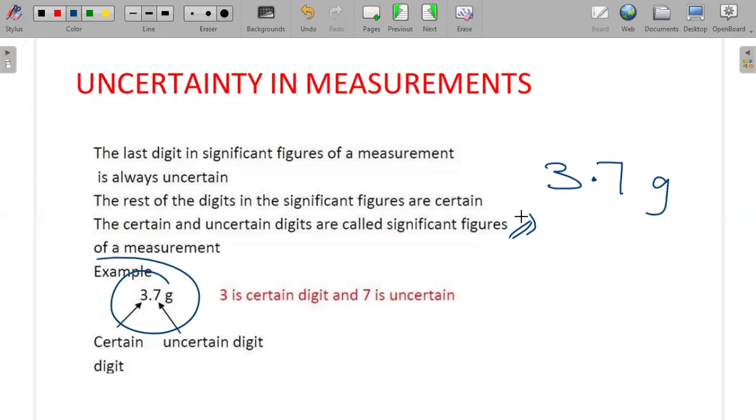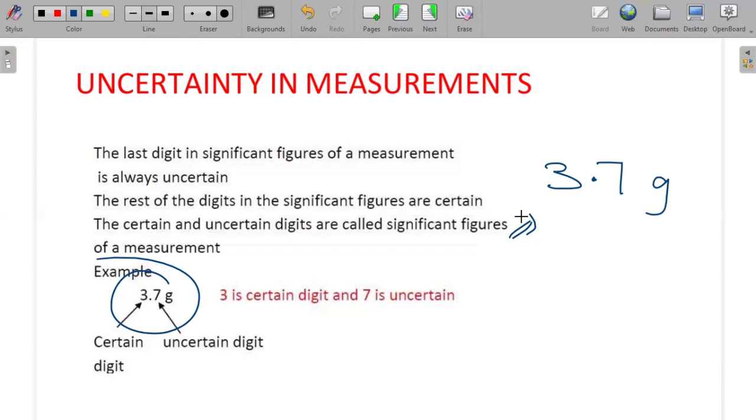So what is the certain digit and what is the uncertain digit? The uncertain digit is always the last significant number that you can see in a measurement. So the last significant number is the one that we are going to call the uncertain digit, and then the rest, we're going to call them certain digits.